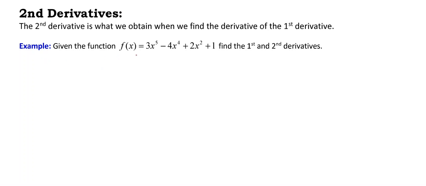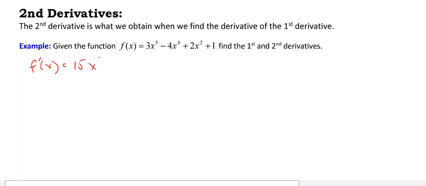So in the first example, we have a function, and the first derivative will simply be the derivative of that function, which will be 5 times 3 is 15x to the fourth minus 16x cubed plus 4x. So this is now what we will call the first derivative.